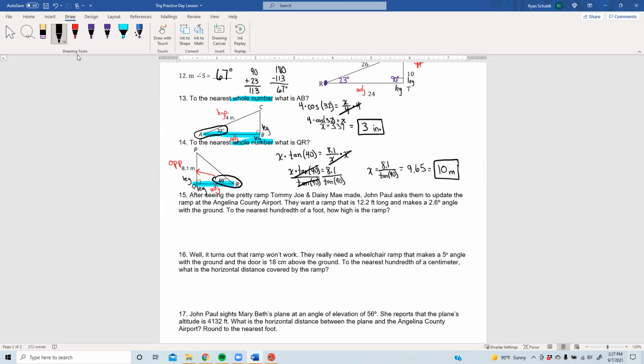Okay, so 15. After seeing the pretty ramp that Tommy, Joe, and Daisy Mae made, John and Paul asked them to update the ramp at the Angelina County Airport. They want a ramp that's 12.2 feet long and makes a 2.6 degree angle with the ground. So let's draw us a picture here.